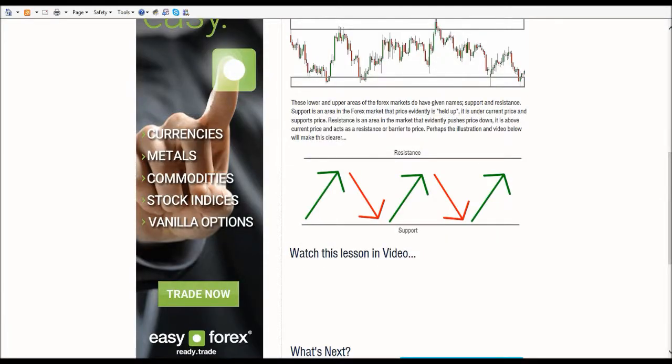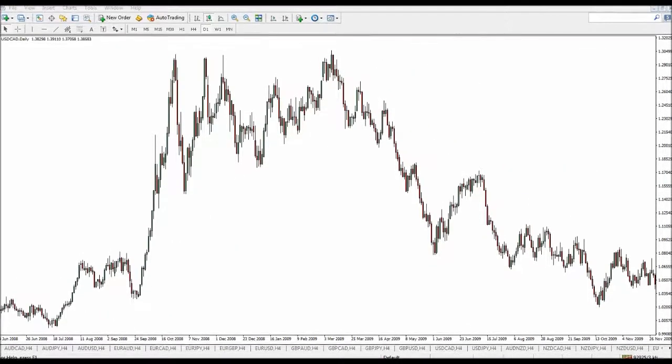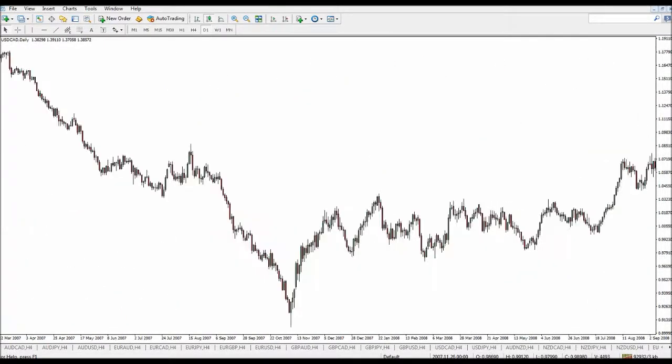Here we have our resistance and support, and price swinging but moving in a general sideways direction. This is the US dollar Canadian dollar. Again, this time we have a daily chart, and let's see if we can find some ranges. We have one here.